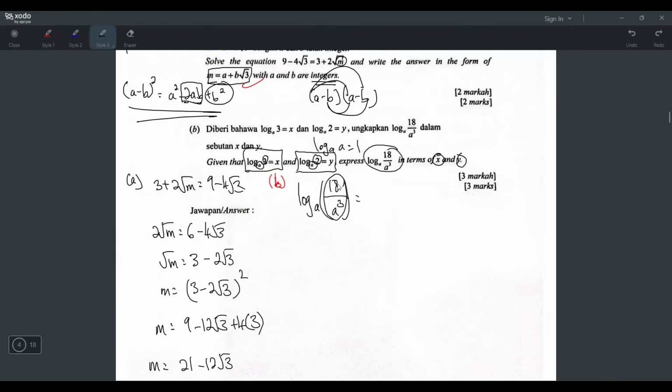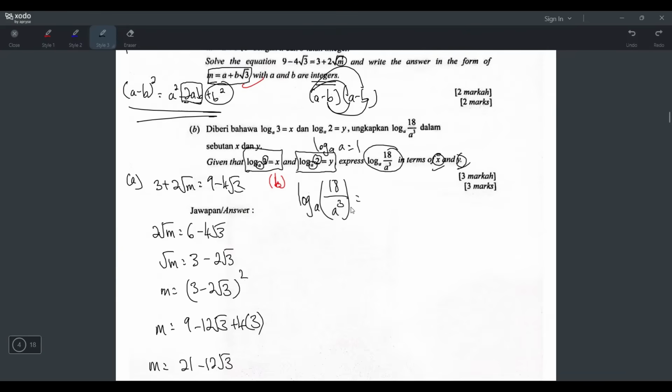I will change the inside, because the log base a is already the same as the information. The only thing that's not the same is the thing inside here. So I'll change it so that it becomes 3 or 2 or a. Any of these is good because we will have the information, since you want to answer in terms of x and y.